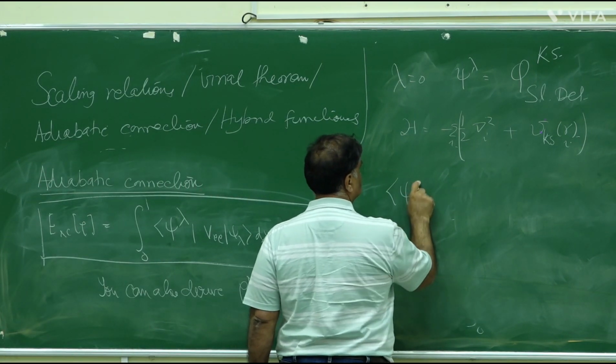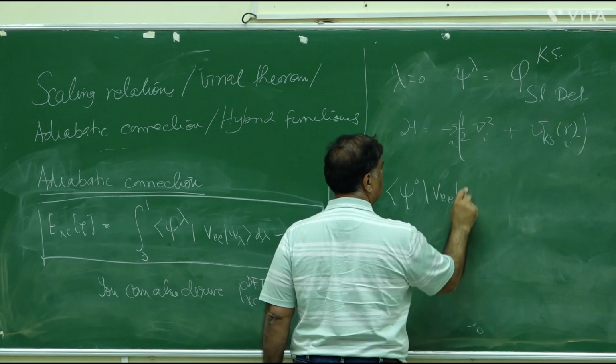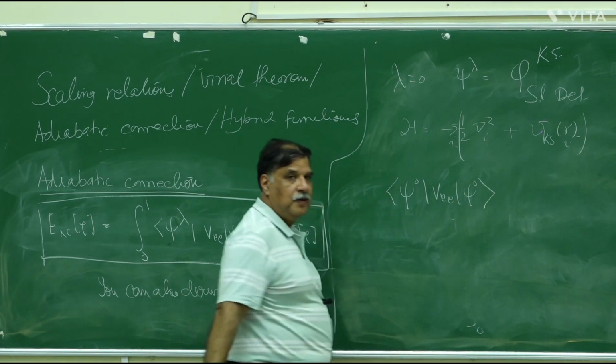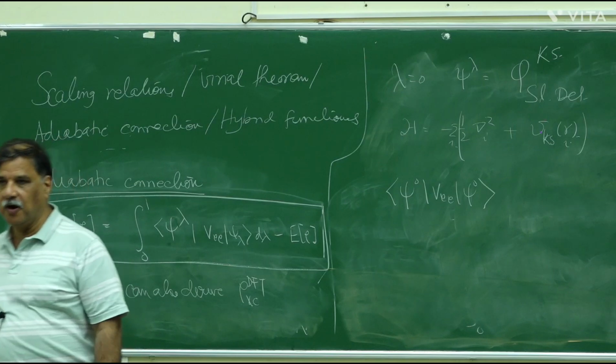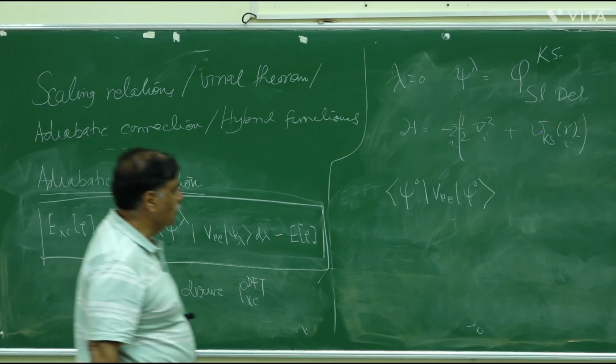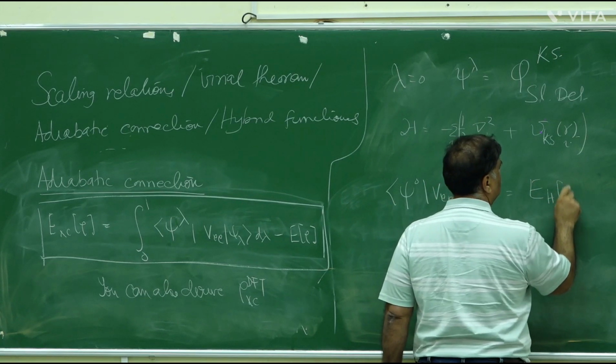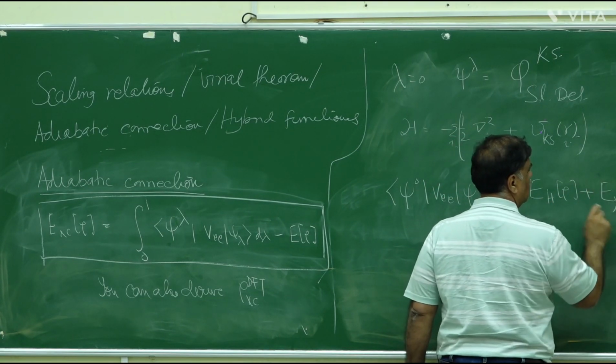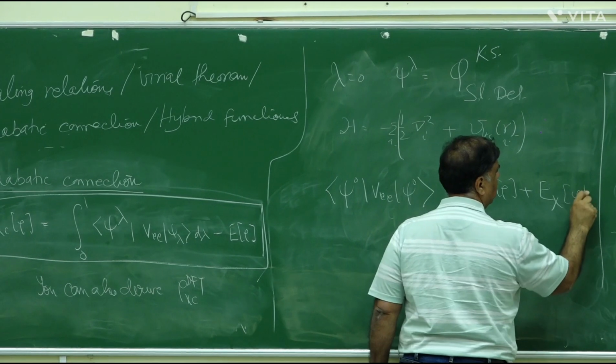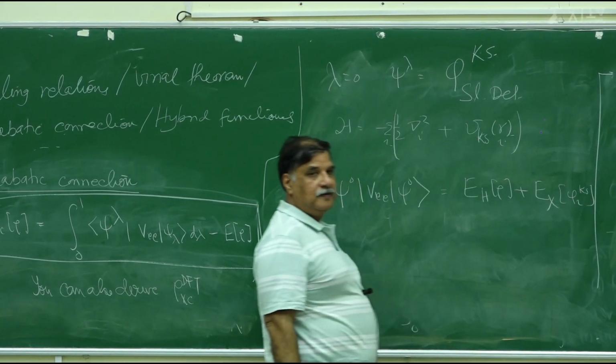So psi 0, VEE psi 0. When I calculate the expectation value of VEE with respect to psi 0, it's nothing but E Hartree plus E exchange with the Kohn-Sham orbitals. Is that okay?